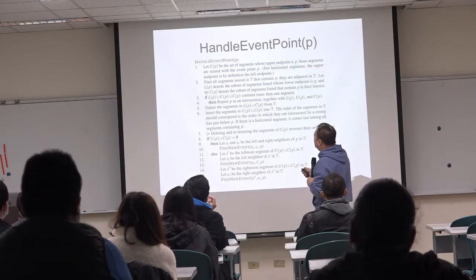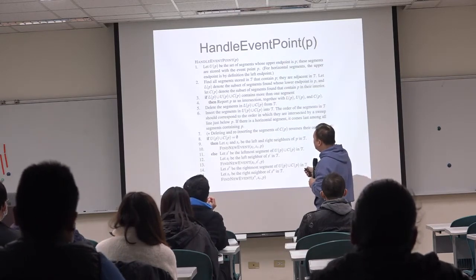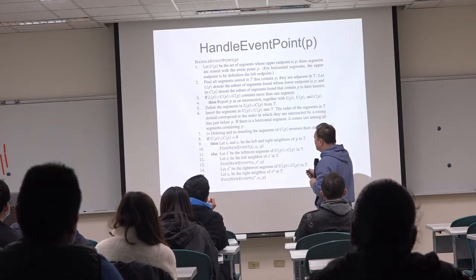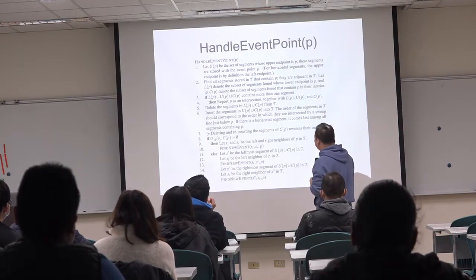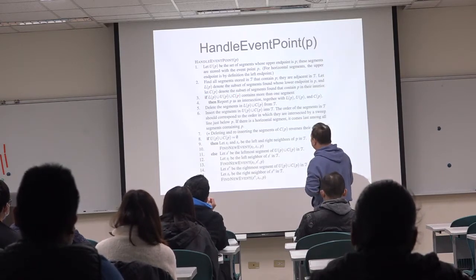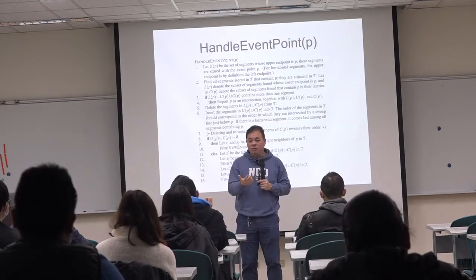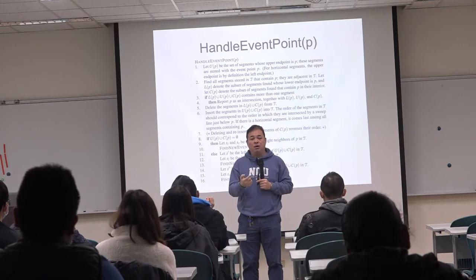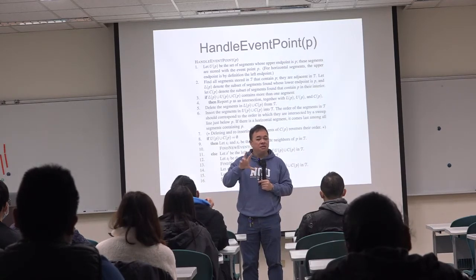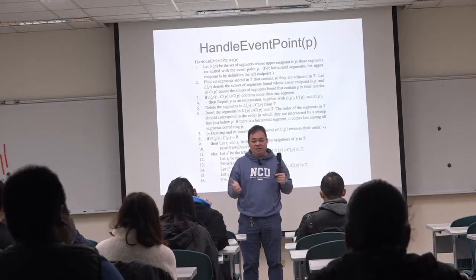If the union of LP, UP, and CP contains more than one segment, then you consider it an intersection. If it contains only one segment, that must be an endpoint of one of the segments, and it is not considered an intersection.